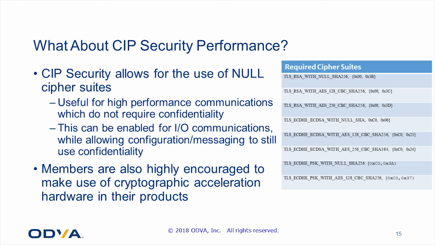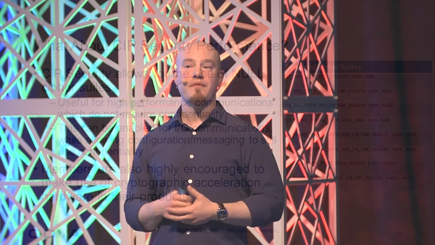And that's probably okay for a lot of industrial applications. If you have things like I/O controlling a robotic arm, for example, you probably don't care so much if somebody sees that you're moving the arm a certain distance. But you don't want somebody to modify that, obviously. That would be really bad. So in that case, you don't need to use the extra overhead that confidentiality would bring.